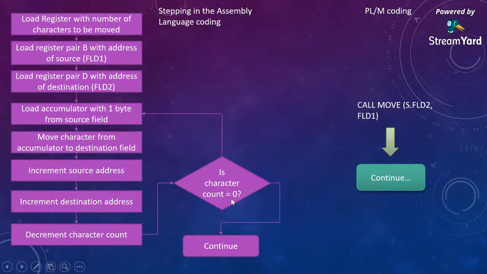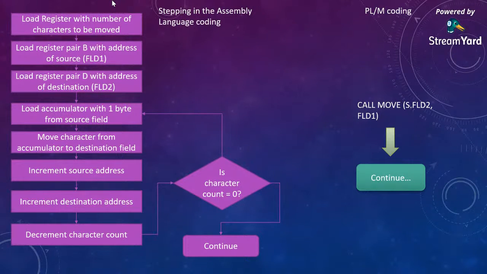Is the characters count equal to 0? If it is not, then go back to load the accumulator with 1 byte from the source file. And if it is yes, then we go to the continue section. So this is an example of an assembly program that decrements from something to something until it is 0.